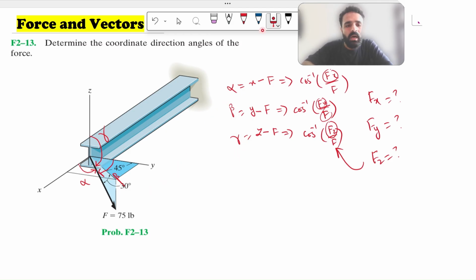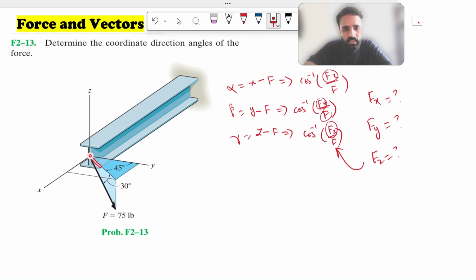So now I will be drawing this triangle here. Then after that, we'll be able to find the value of this component and this component. Here you can see that the question's picture shows this side is the component of this force along the xy plane.